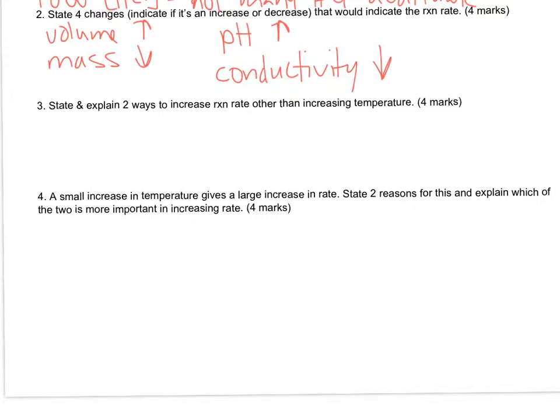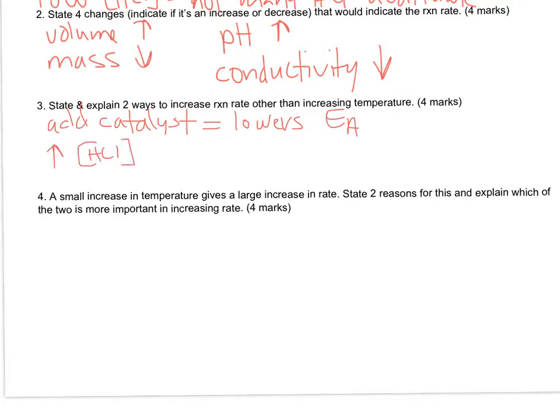Number 3 says, state and explain 2 ways to increase reaction rate other than increasing temperature. Most common one mentioned by groups was add a catalyst. And then the explanation for the second mark there is it lowers activation energy. Another one is you could increase the concentration of HCl.